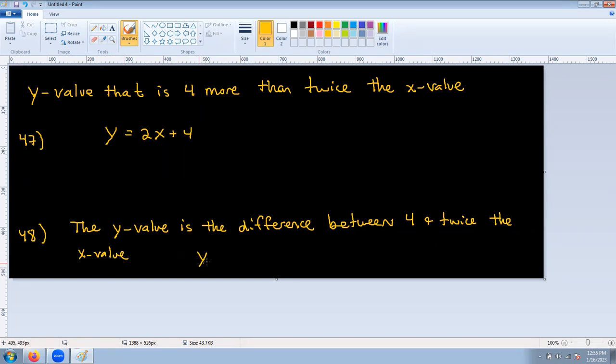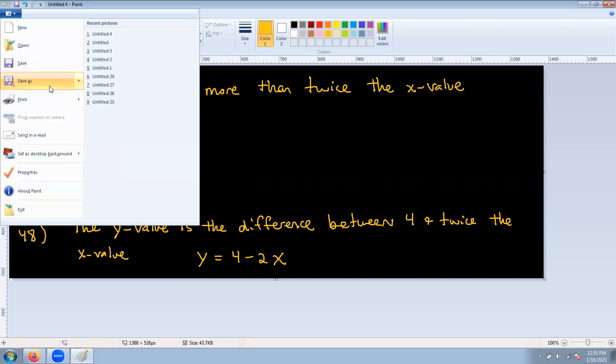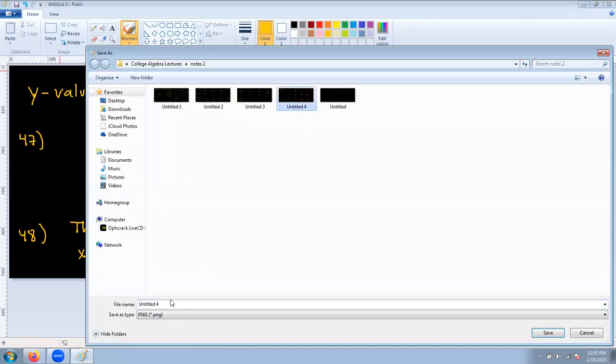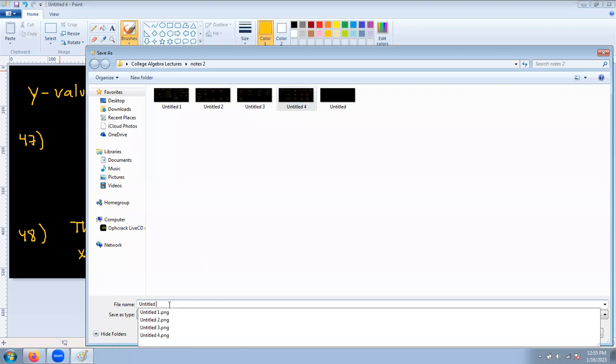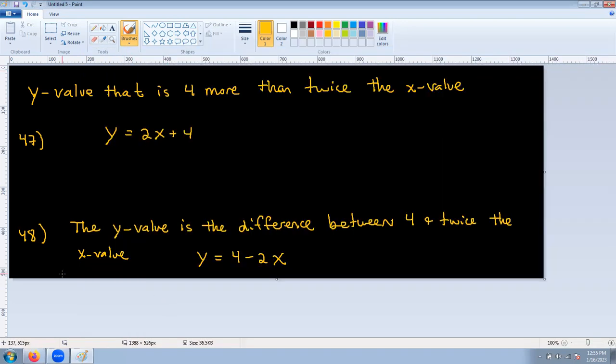Okay, so what would that look like? I think it would look something like this. So 4 minus 2x. Okay, so what do you guys think?